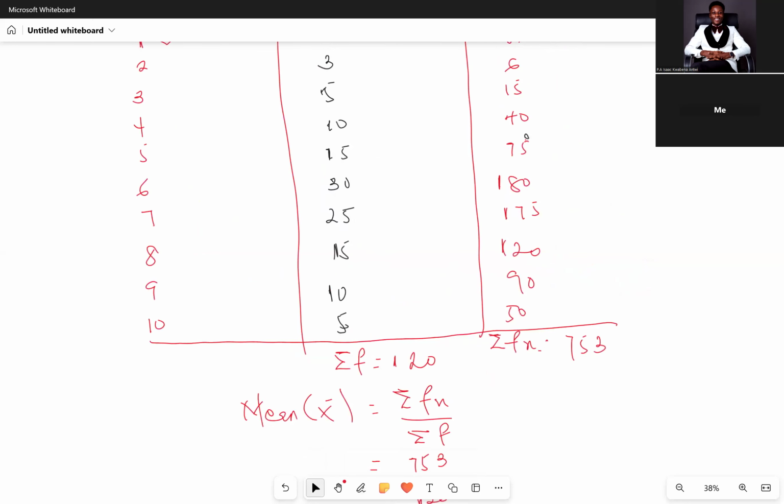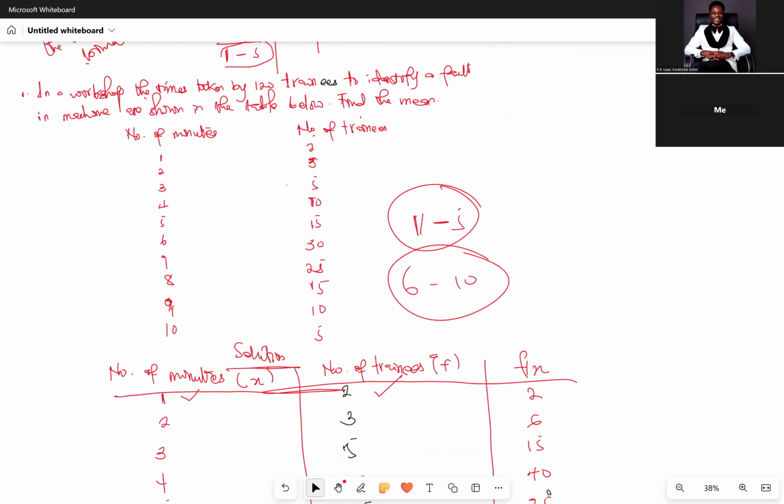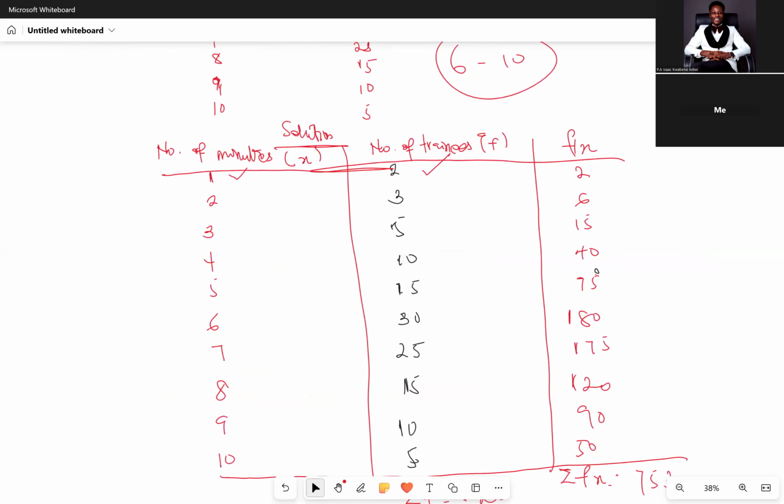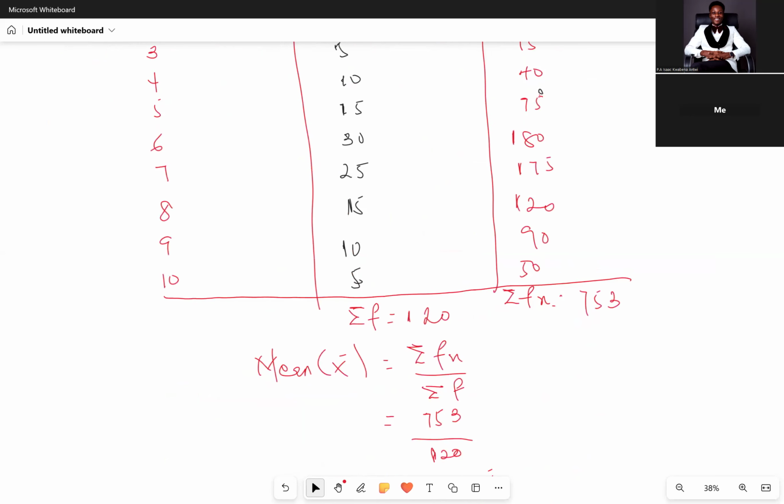And we can read the question, maybe it may have a unit. They said the time taken for trainees to identify, so find the mean. Everyone knows that. Yeah, let's leave it like this. That's fine. That's it, guys.